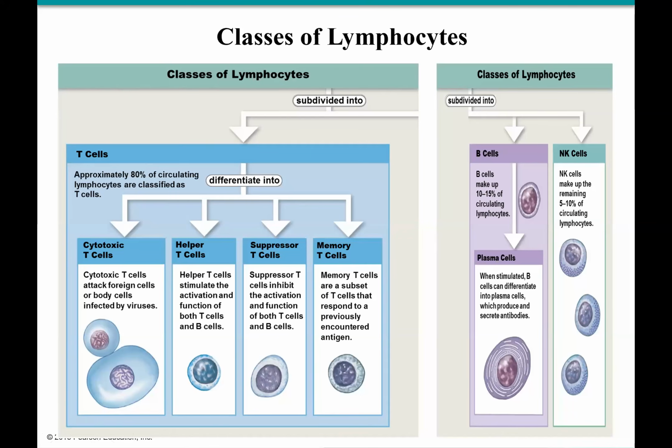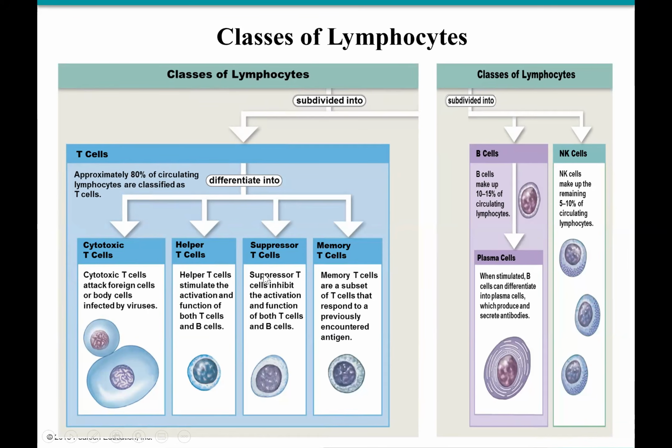So there are different types of lymphocytes. 80% of all the lymphocytes are T cells. There are 4 types of T cells. Cytotoxic T cells will attack foreign cells or cells infected by virus. Helper T cells will help B cells to make antibodies.